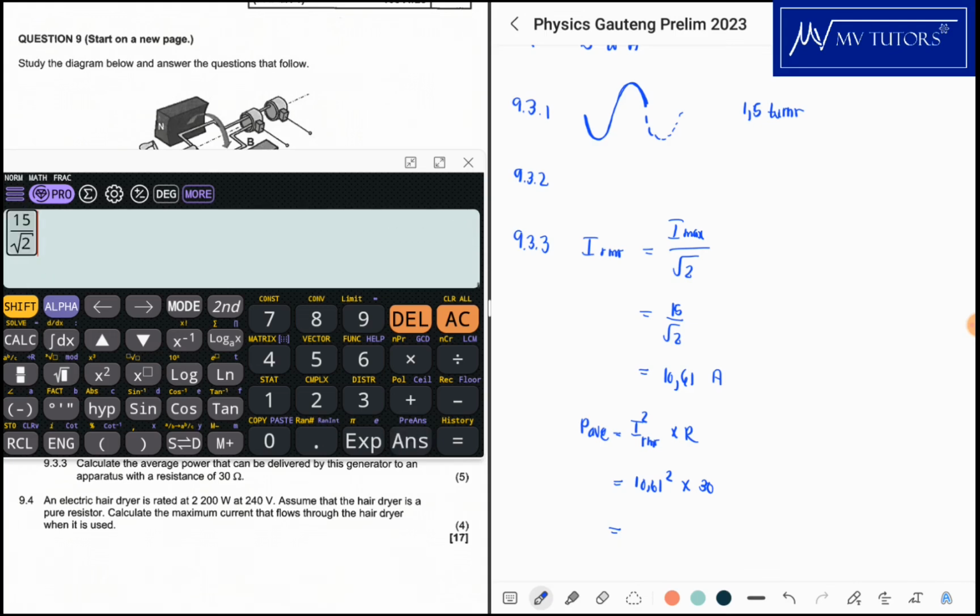So 15 divided by root 2 is 10,61, and I square it. So I get 112,5, and 112,5 multiplied by 30 is 3375. Okay, 3375 watts.